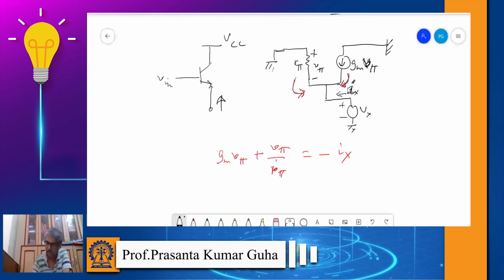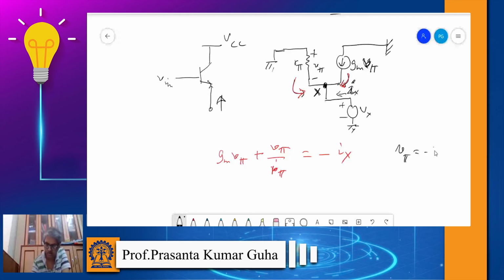If you look carefully at this point, say this point is X, V pi and Vx are basically in parallel. So V pi is equal to minus Vx.